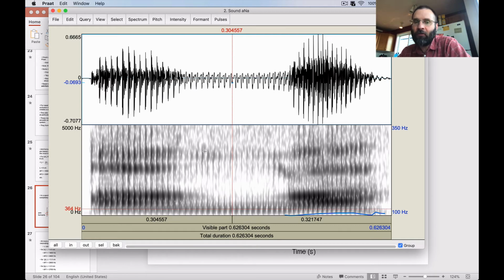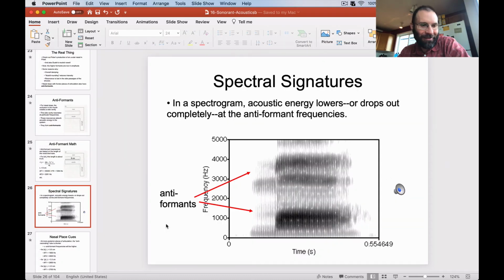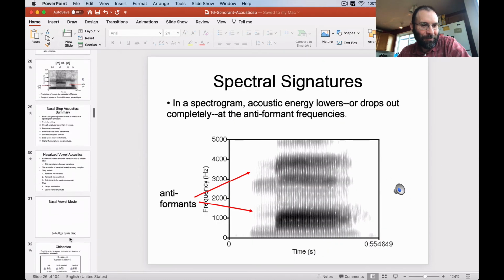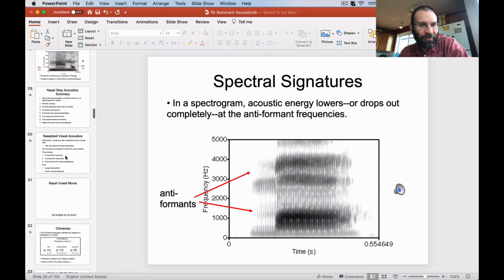So don't expect to get a lot of information about this from these formants. With nasals, the main thing you get is a clue that they are nasals as opposed to vowels, and everything else is a little tricky to identify acoustically.